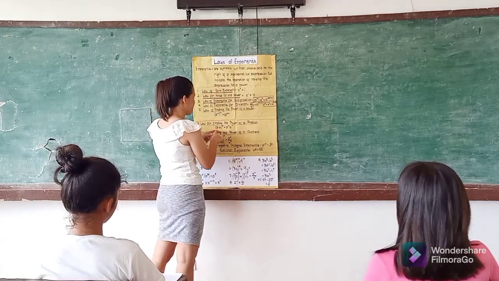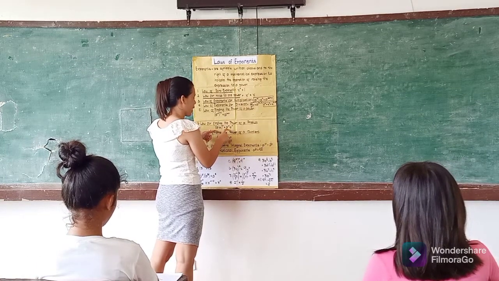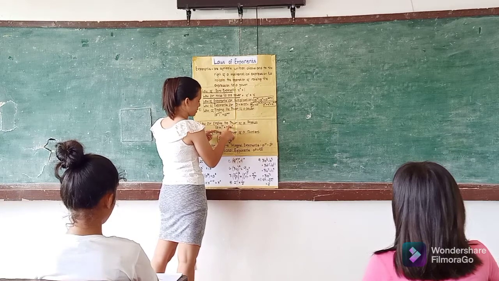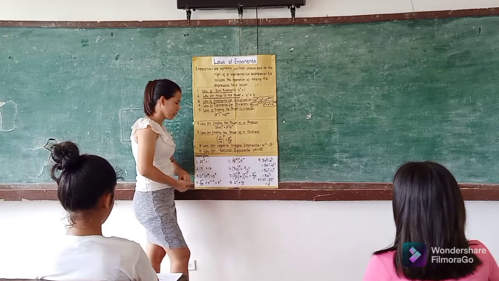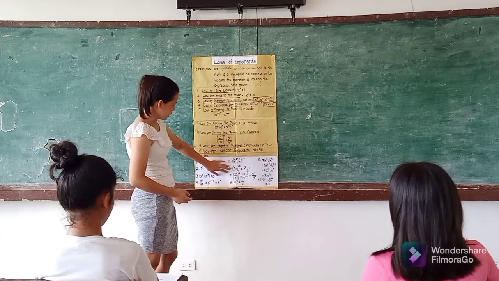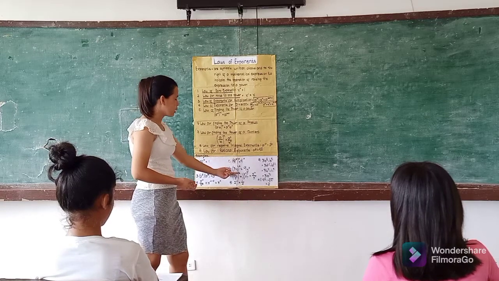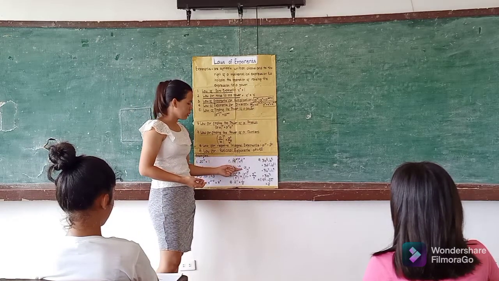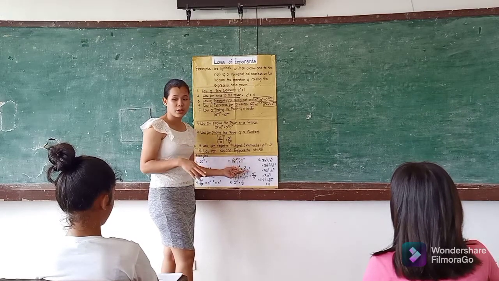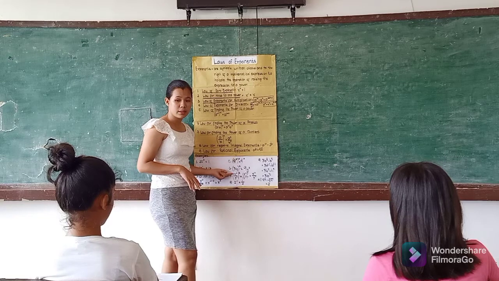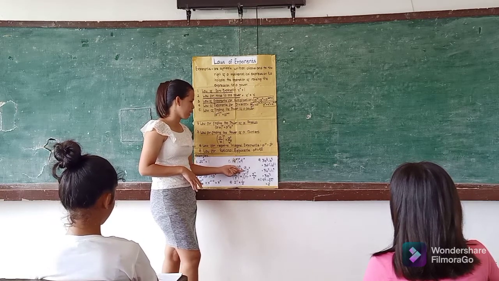Okay, for example, the quantity of ab raised to n is equal to a raised to n, b raised to n. Okay, let's say for example, here in number 6, the quantity of 3y raised to 2 is equal to 9y squared because you distribute your exponent.